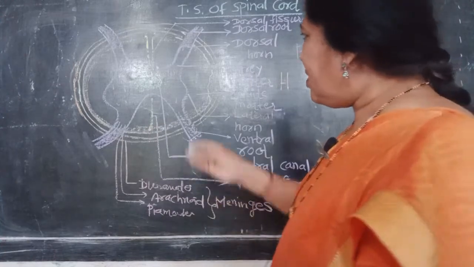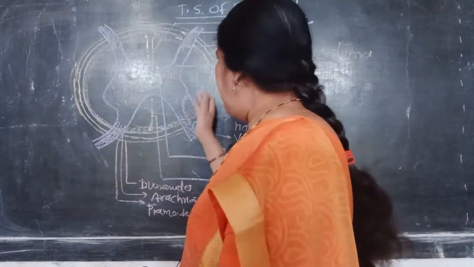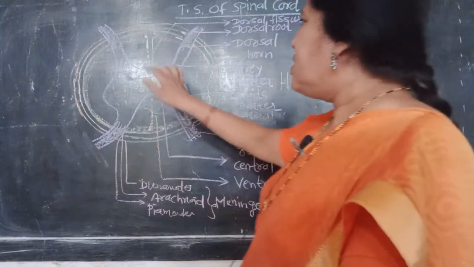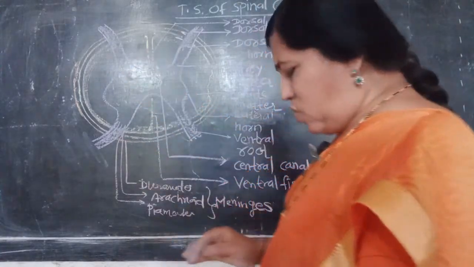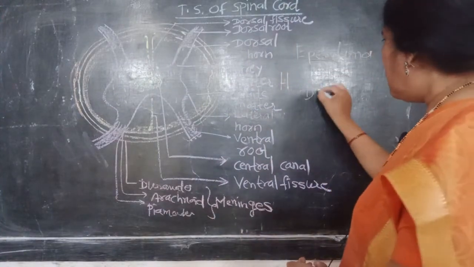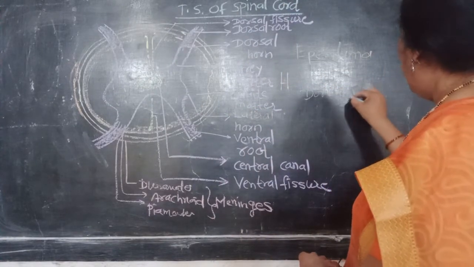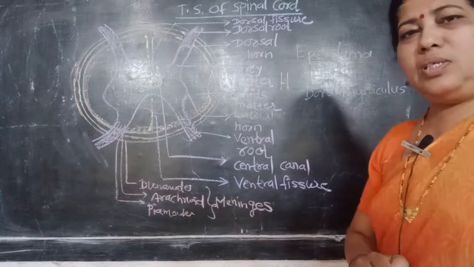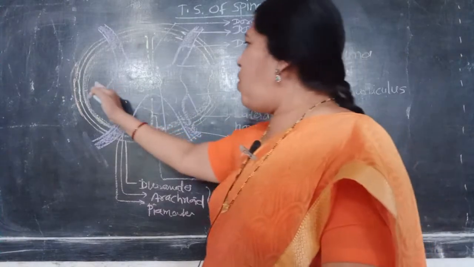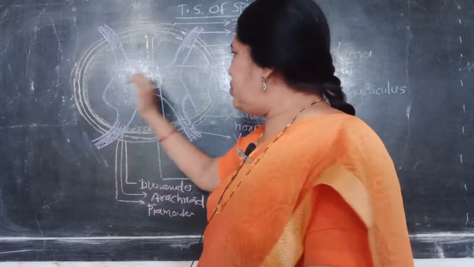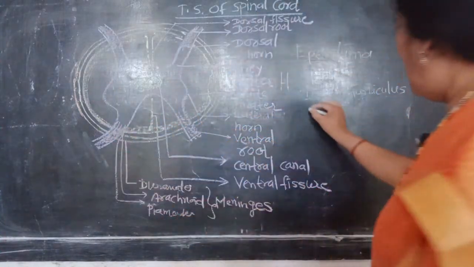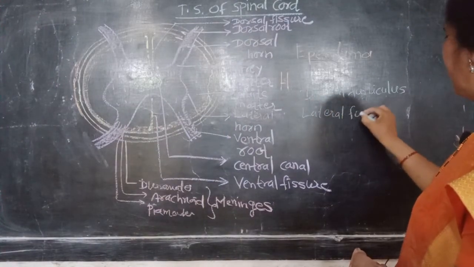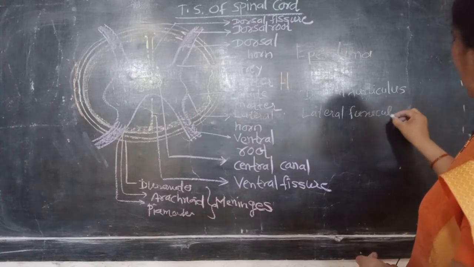Due to H-shaped grey matter, white matter is divided into columns. This column is called the dorsal funiculus. These two columns of white matter which are present laterally are called lateral funiculi. Funiculus is singular, funiculi is plural.